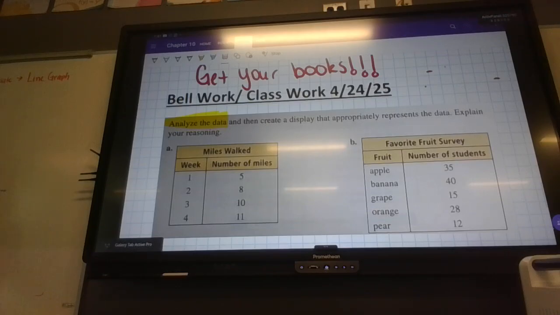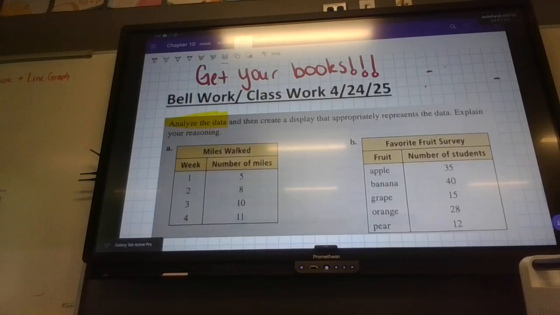So the bottom, we're going to label week. And on the side, we're going to do miles walked. And so we go up to 11. So we got week 1, week 2, week 3, week 4.